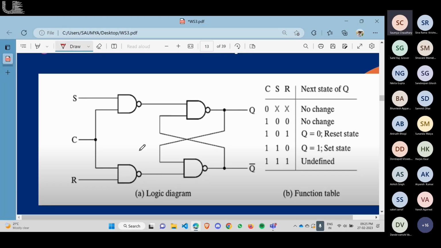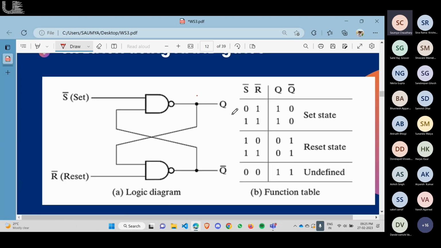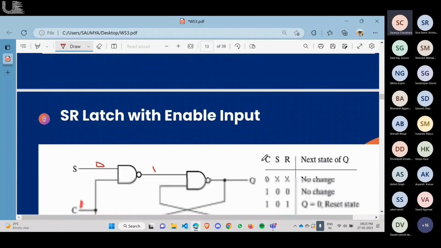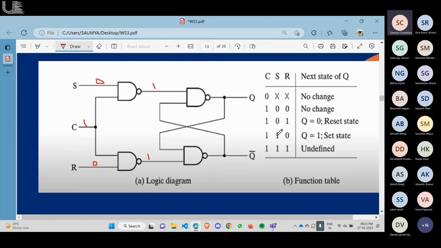And when we give enable as 1, we have S as 0. So 1 and 0 will go here, and the output will be 1 only. If we give output 1 and 1, in this case it will remain as the previous one only.